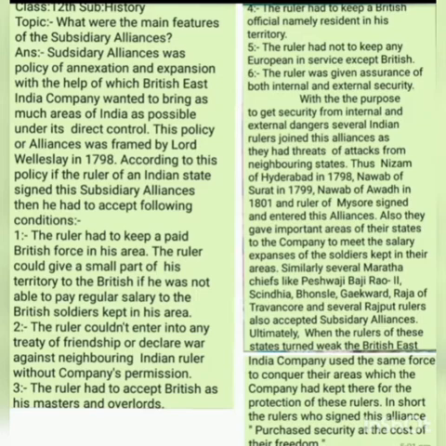Thus, the system of subsidiary alliances adopted by Lord Wellesley for the expansion of British rule in India proved to be the most fruitful weapon, as it not only expanded the British Empire in India but also increased the resources of the company. The fact of the matter is that when the British East India Company kept these forces in the territories of all these rulers, after some time when these rulers turned weak, they were called incompetent, and the forces kept in their areas were used to occupy their territories easily.